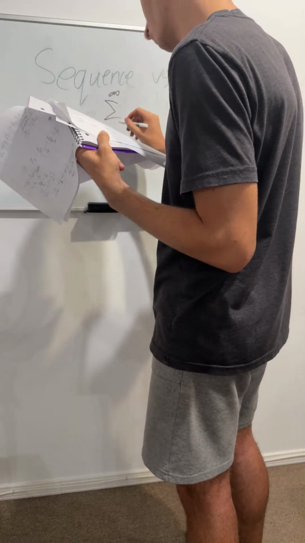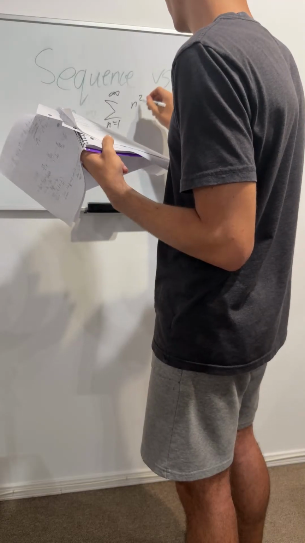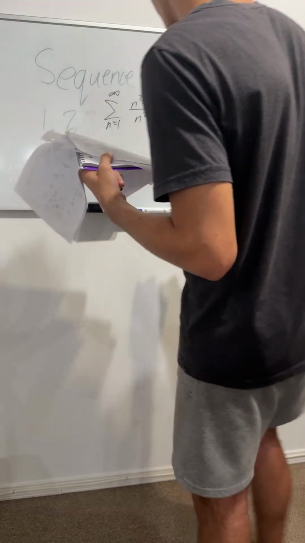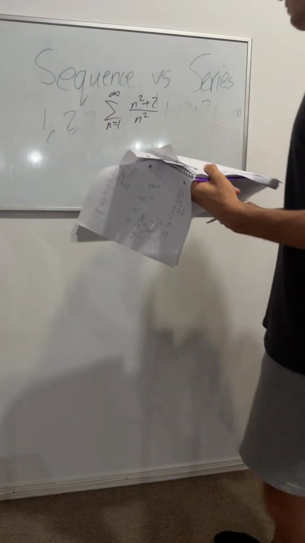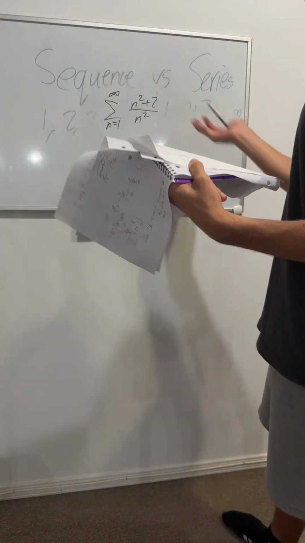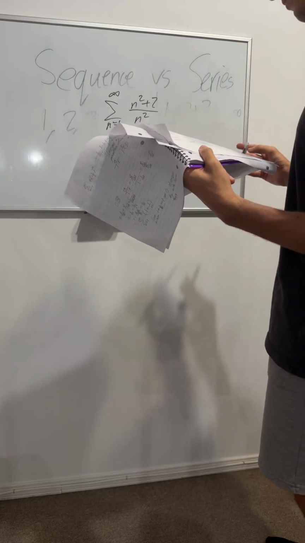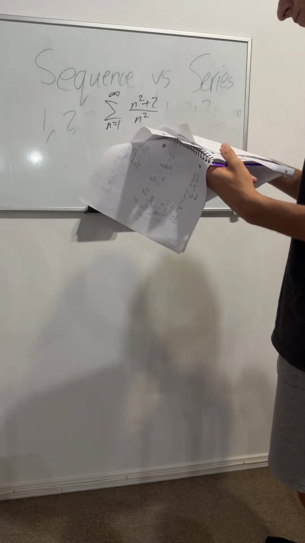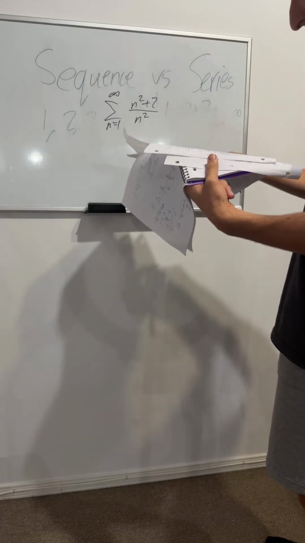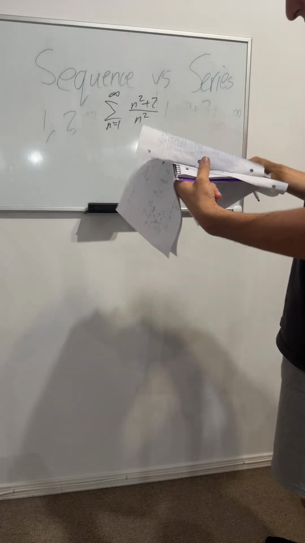So 13 is the summation, n equals 1, of n squared plus 2 over n squared. I guess it's just what comes to your mind first. For me, NTT comes to mind. Let me show you how.